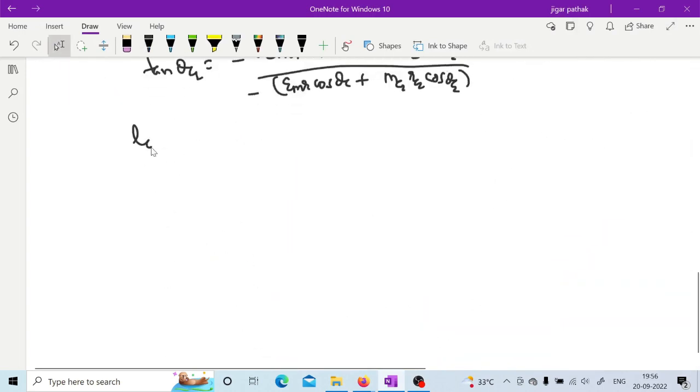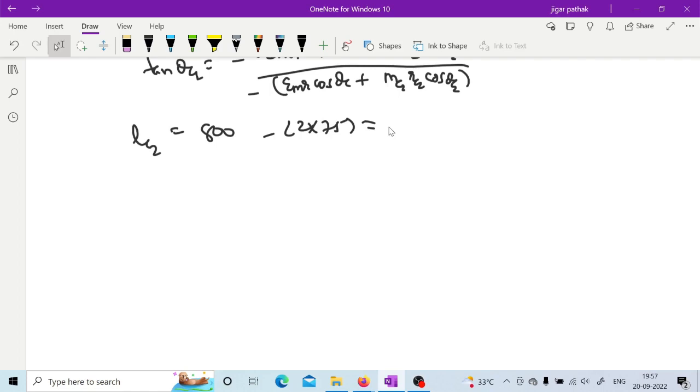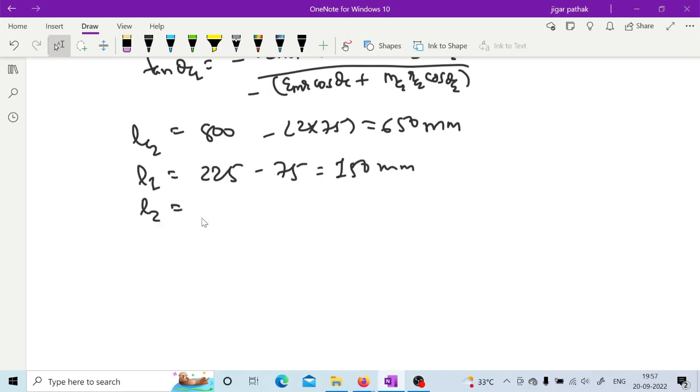Right, LC2 I have told you will be 800 minus 2 into 75, that will be 650 mm. L1 as I have mentioned, it will be 225 minus 75, that will be 150 mm. L2 will be, it is given for 2 and 3 are at 200 and 375 respectively, right?